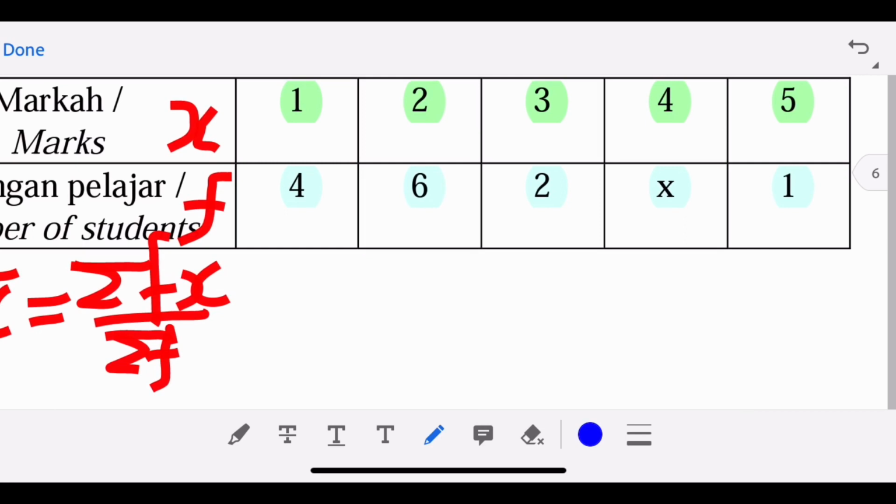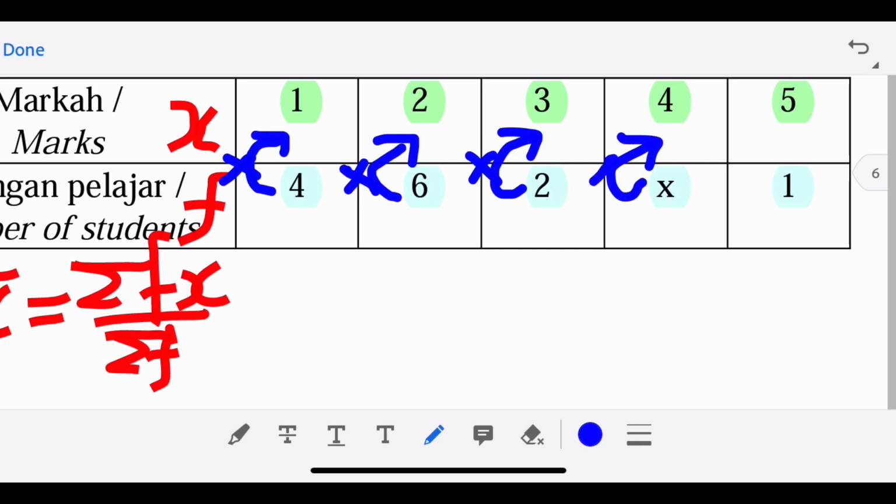And we will write down the working. 4 times 1, 6 times 2, then 2 times 3, then x times 4, then 1 times 5, right?